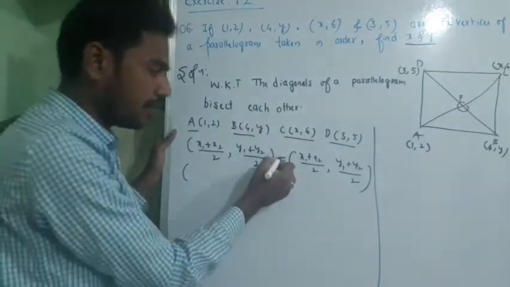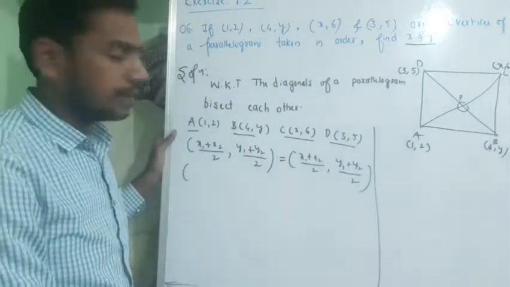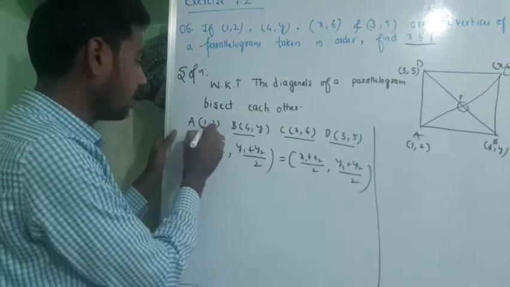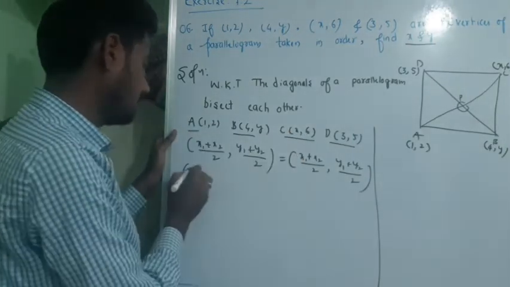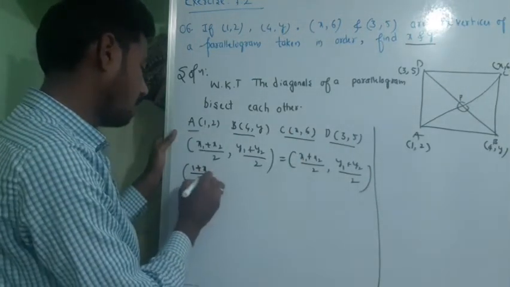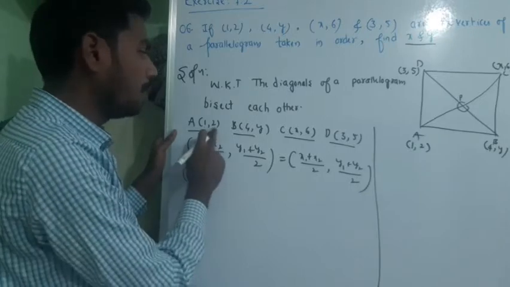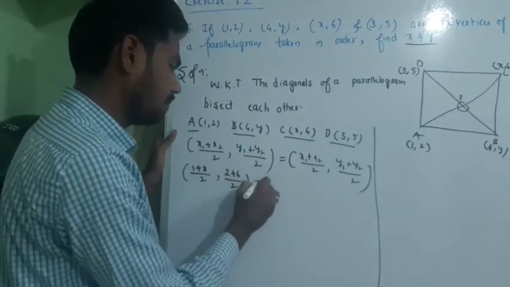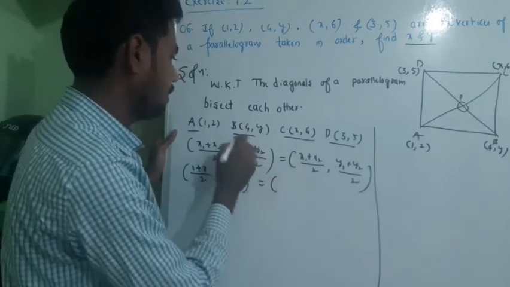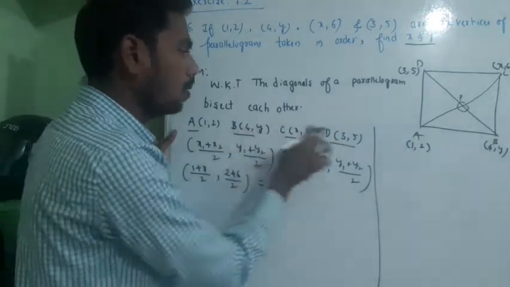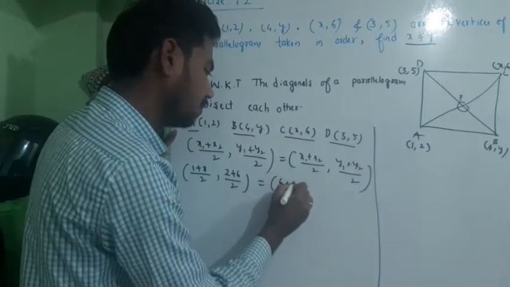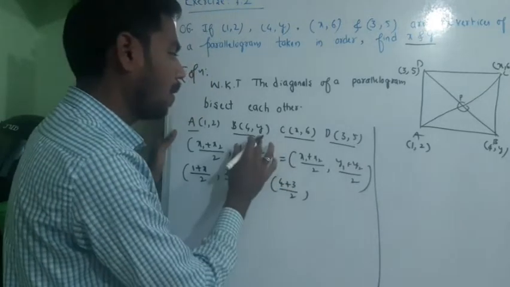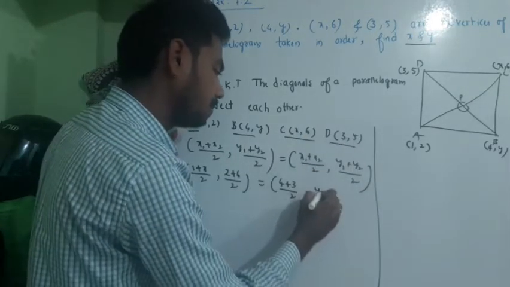What is x1 here? 1. So (1 plus x) divided by 2, (2 plus 6) divided by 2. Next, BD: (4 plus 3) divided by 2, (y plus 5) divided by 2.